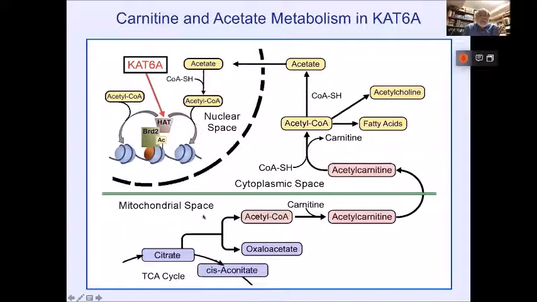This is one of the things that the Cat6A came to my attention actually before it was defined as a syndrome, and a child who was followed by Dr. Rosenbaum in DC had signs of mitochondrial dysfunction, certain changes in amino acids that looked like the mitochondria weren't working quite right.